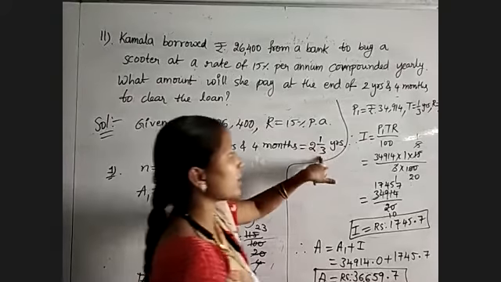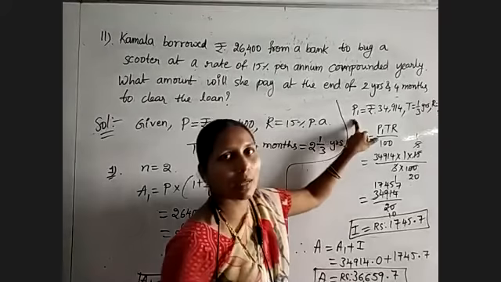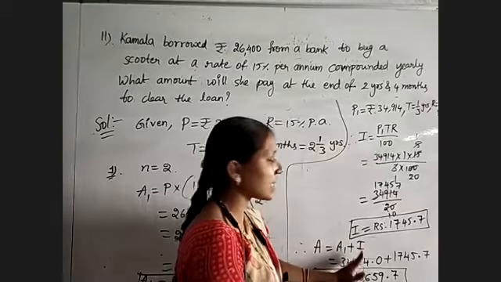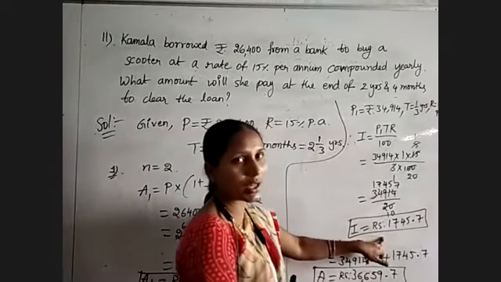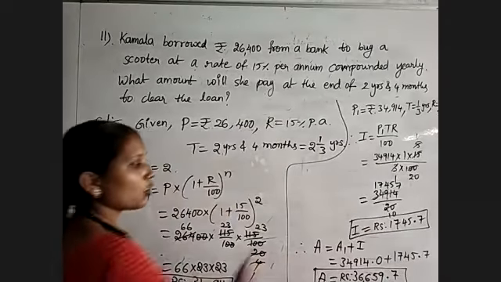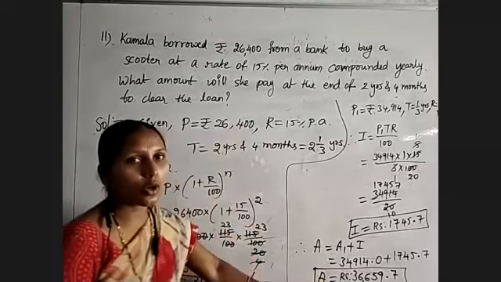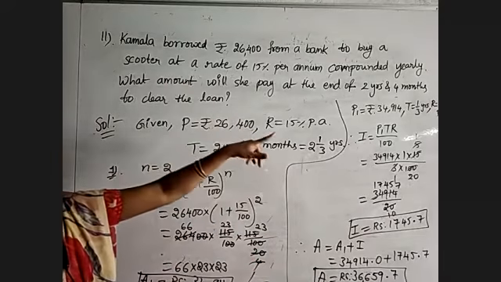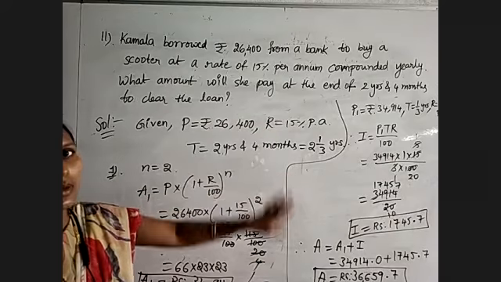After that, for the remaining time, take the amount you got as the principal and calculate the interest on that amount. The starting compounded amount plus this interest will give the total amount. So completely the time is 2 years and 4 months.